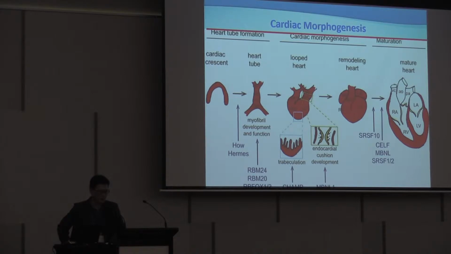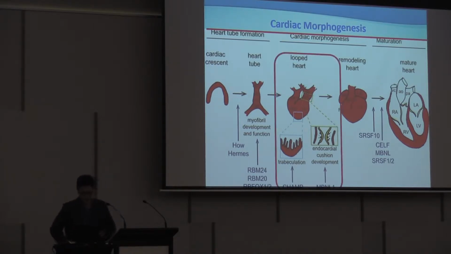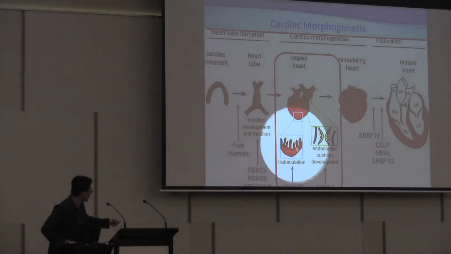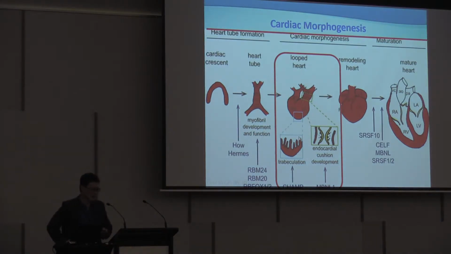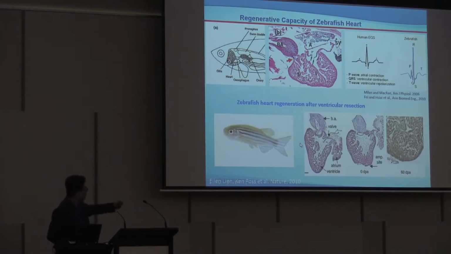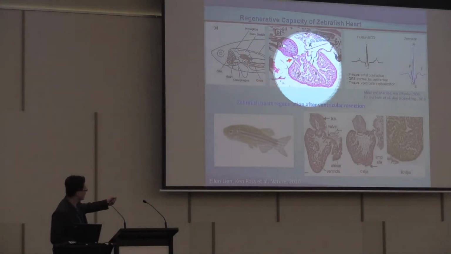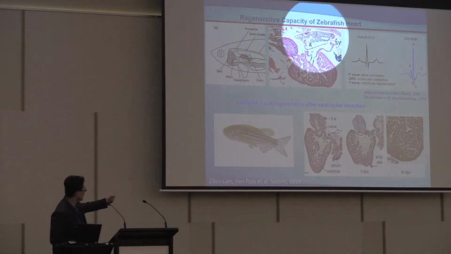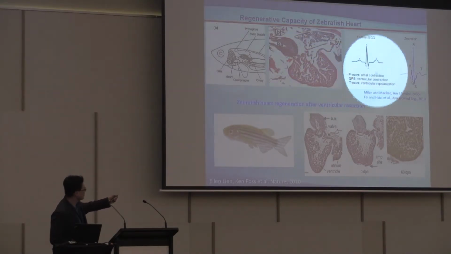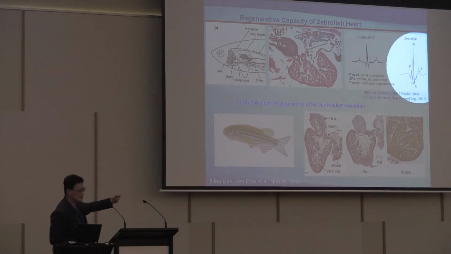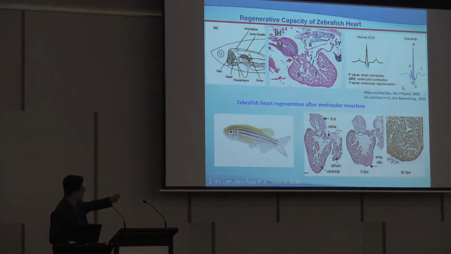Well, to study this model in a setting of epigenetic and genetic modification, we resorted to the zebrafish model. Shown here is the zebrafish model, at the stage at which endocardial trabeculation takes place. You probably remember zebrafish contain two chambers, the atrium and a highly trabeculated ventricle, but similar to human beings, the ECG pattern is typical, with P wave, QRS, and T, as demonstrated by investigators at Children's Hospital.